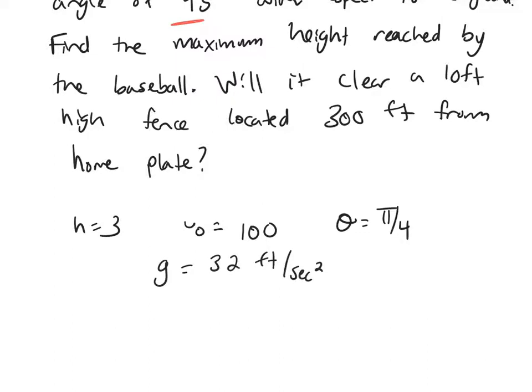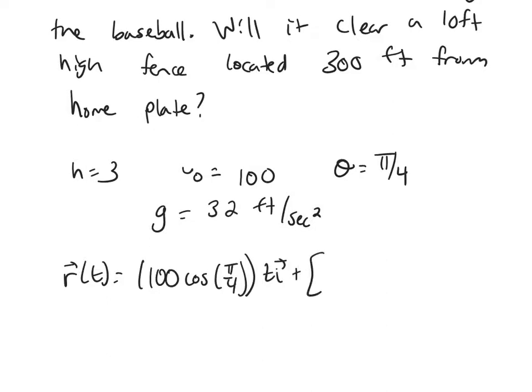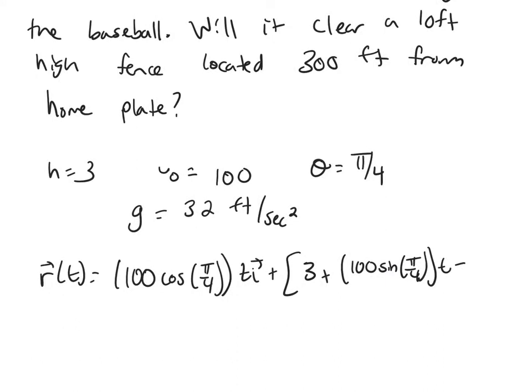So let's plug this all into our formula for projectile motion. r of t is 100 cosine pi over 4 t i plus h was 3 plus 100 sine pi over 4 t minus a half of 32 is 16, 16t squared j.